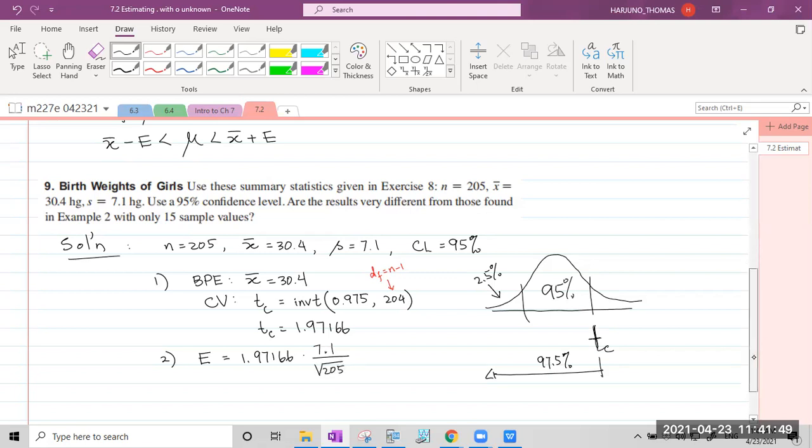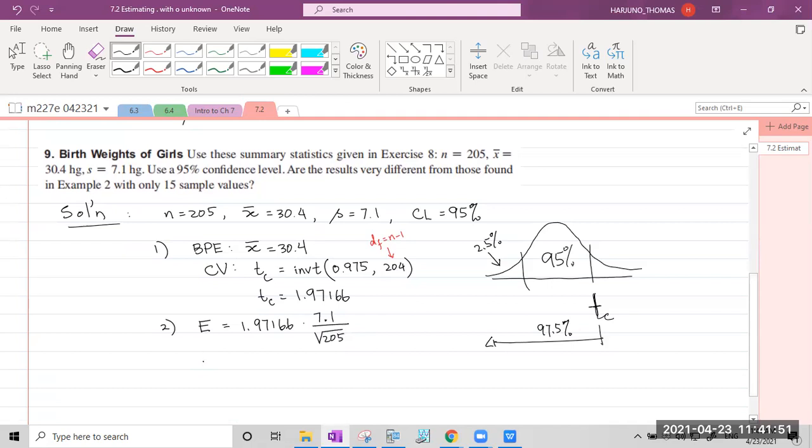This margin of error becomes very small because the sample size is very big. I get 0.97772.